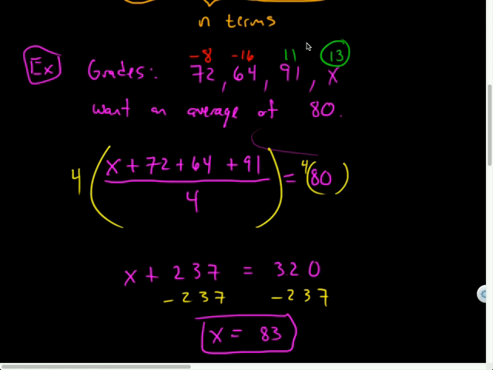I did add the numbers wrong. Wow, we were all over the place. Is it 227? 72 plus 64 plus 91 equals 227. Why did you multiply by 4?